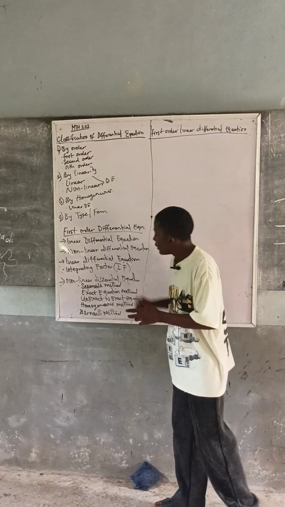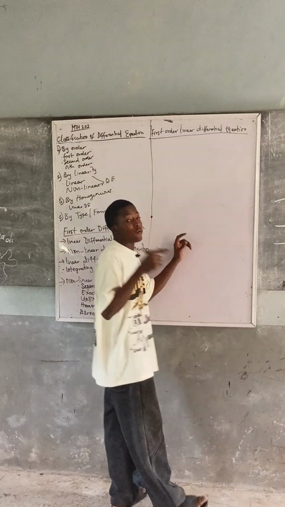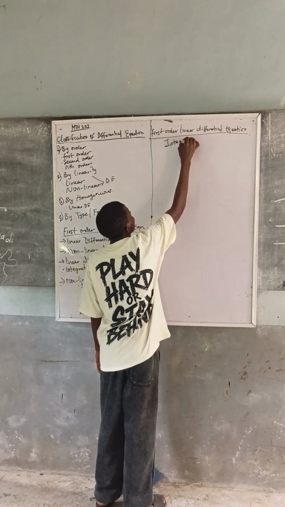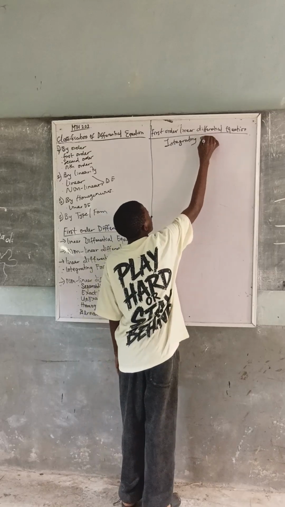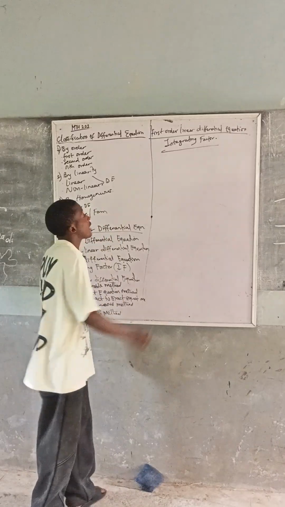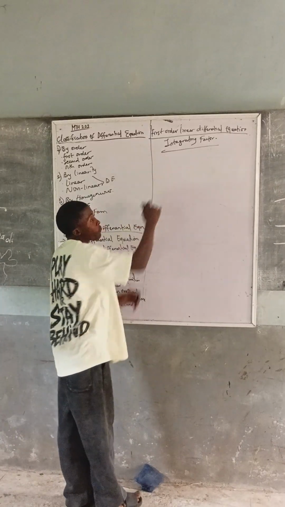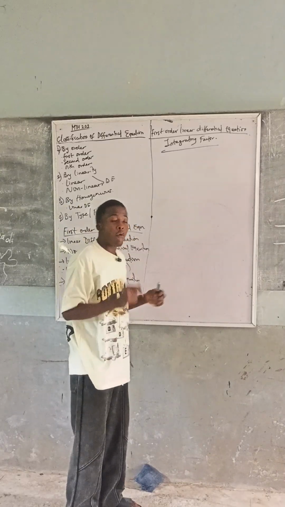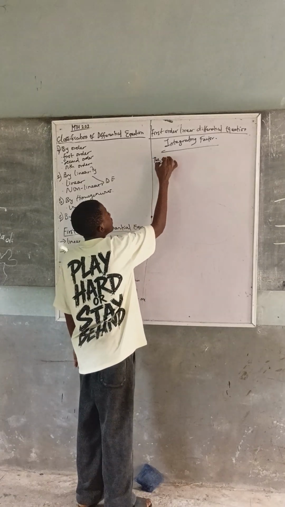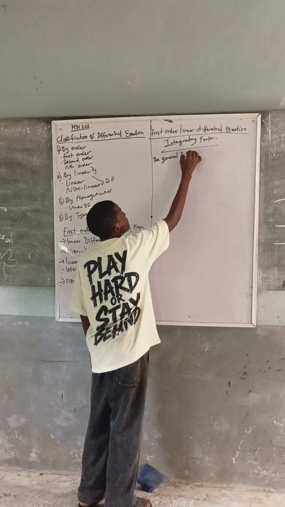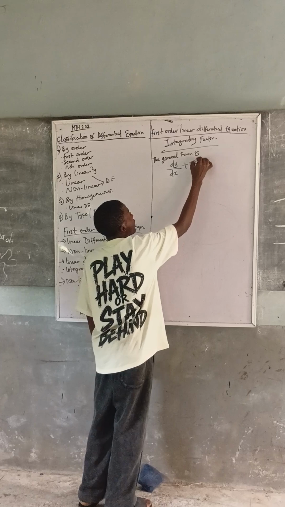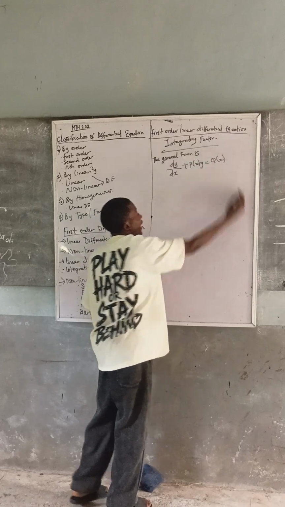Now, under this, we have only one method of solving this, which is the integrating factor. Now, how will you know? It must be in the general form. The general form of this first order linear differential equation is dy over dx plus P of x times y equals Q of x.